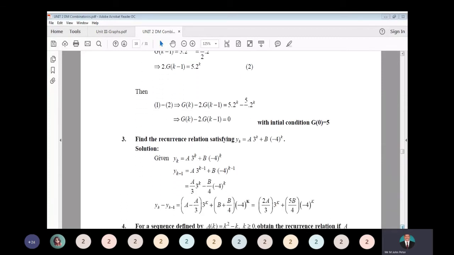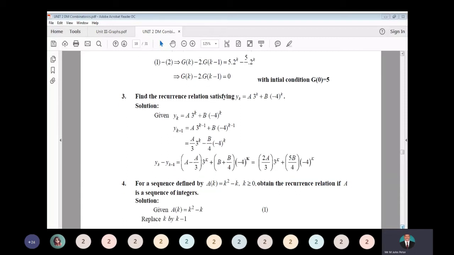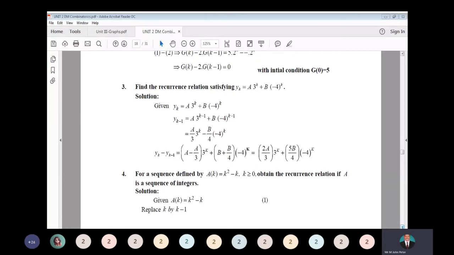Find the recurrence relation satisfying the equation y(k) = a times 3^k + b times (-4)^k. So y(k-1): replace k by k-1.